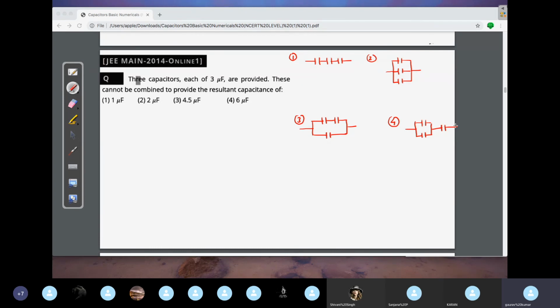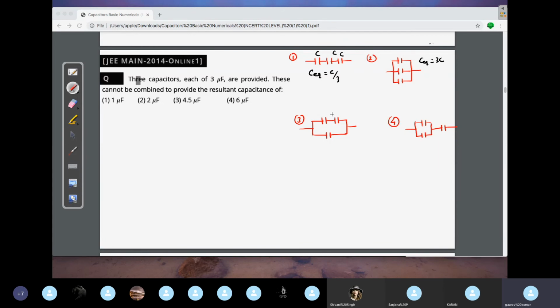See, identical by the way. These are the only 4 possibilities you can have. Same thing you can have with resistors also, right? So let's see how we will have the cases here. In the series case, C equivalent will be C by 3. In the parallel case, C equivalent will be 3C.